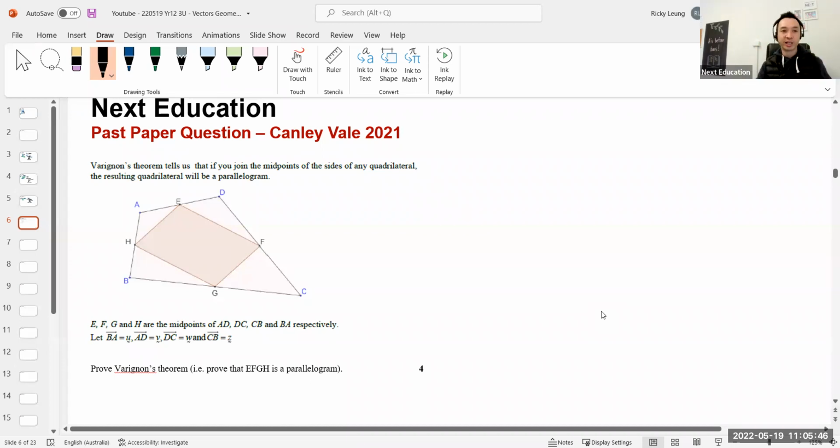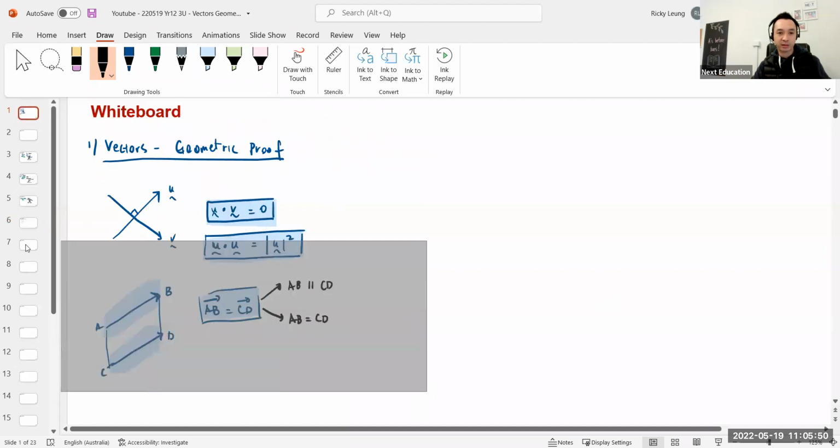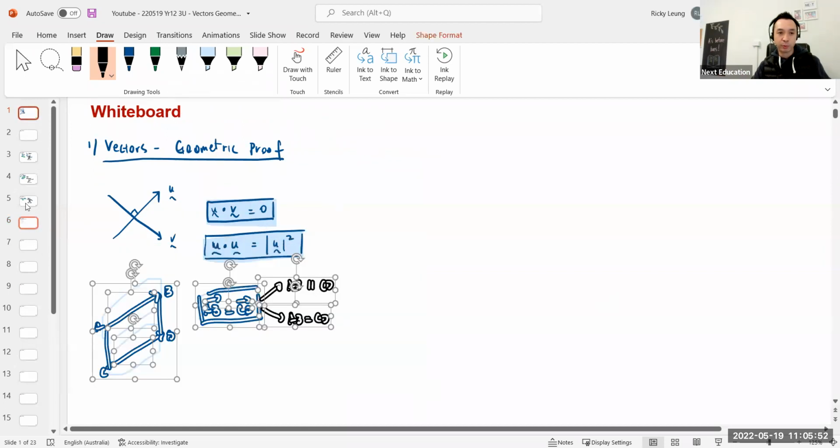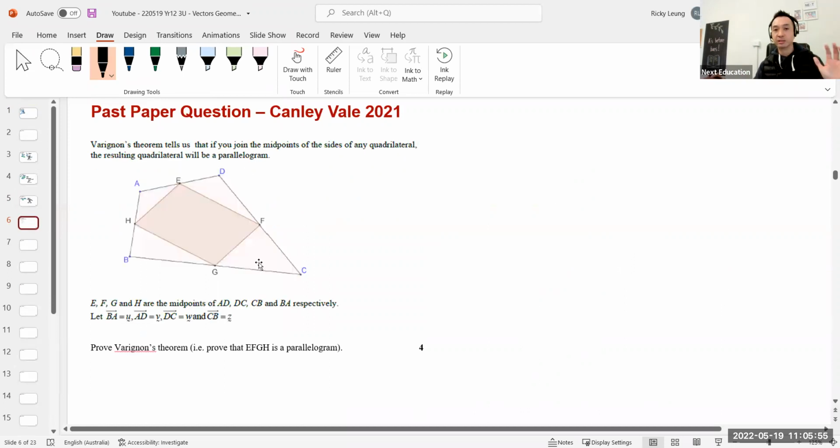So I want to prove the middle is a parallelogram. Once again, putting our hats back on, flicking back to the front page, the best way to prove a parallelogram is to prove that one pair of opposite vectors is equal. For example, if I can prove that this vector here is equal to this vector here, parallelogram. Because once you prove the vectors are equal, it's parallel and equal in length. Opposite sides are equal and parallel. That's a parallelogram. So let me quickly write that down.